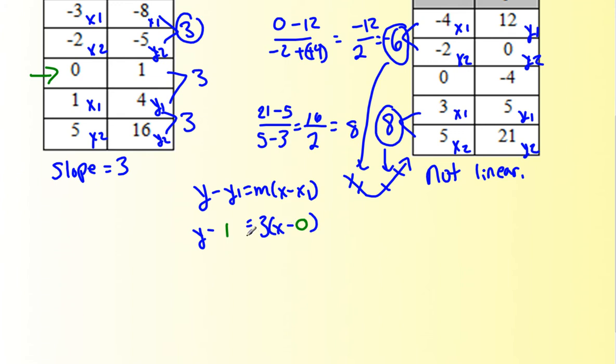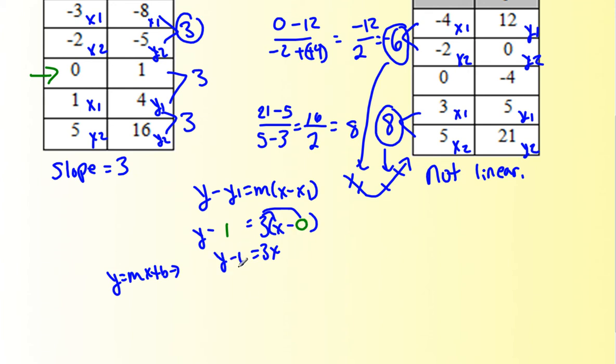And if I can change this into slope-intercept form, which is y equals mx plus b, then I'll be good. So let's see. We've got to get rid of those parentheses, so we distribute 3x, and 3 times 0 is just 0, so I don't need that.